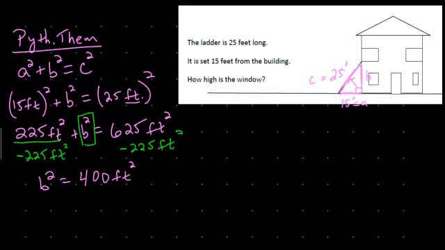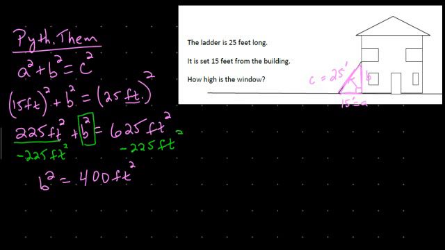And if we look now, I don't want B squared, I want B. So to figure out what B is, I have to take the square root. So the square root of B squared equals B. So I need to take the square root to solve for B. But again, anything we do to one side of a math equation, we must do to the other.